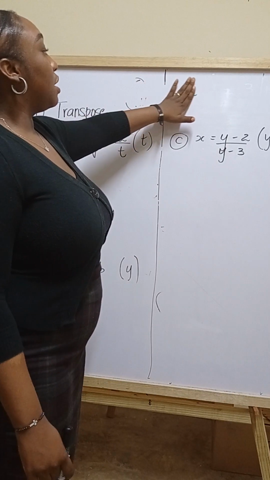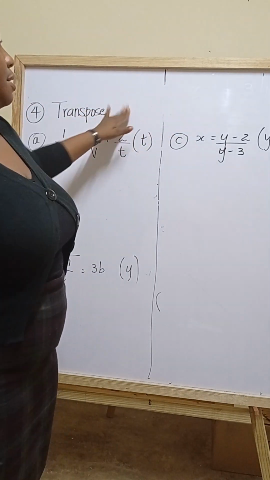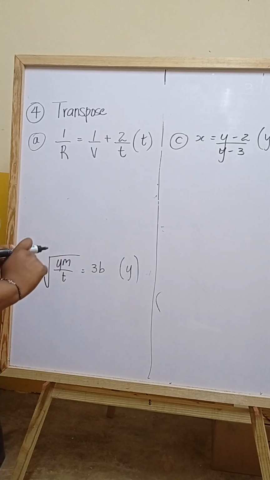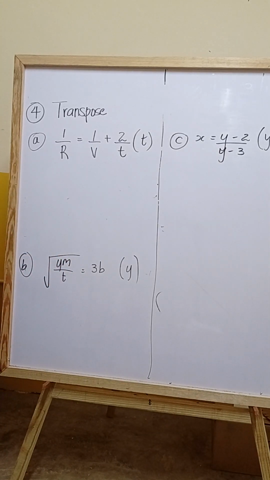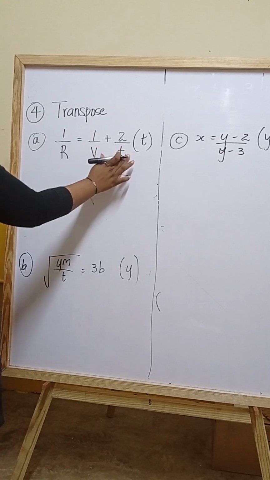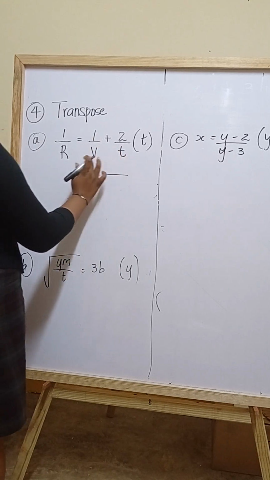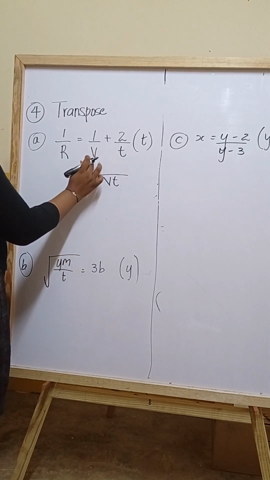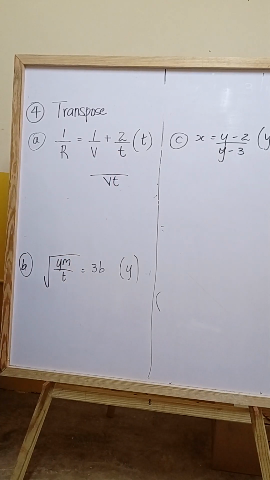Alright, so we want to rearrange the formula so that T is the subject of the formula. So firstly, we need to simplify the right hand side of the equation. So we are going to find the LCM. Remember, we are adding two fractions with different denominators. So the LCM would be VT, a product of the two variables in the denominator.